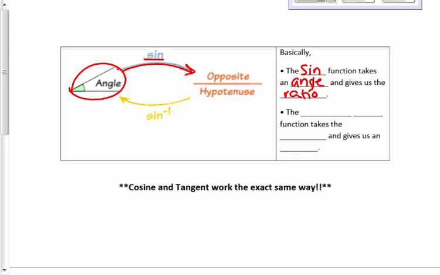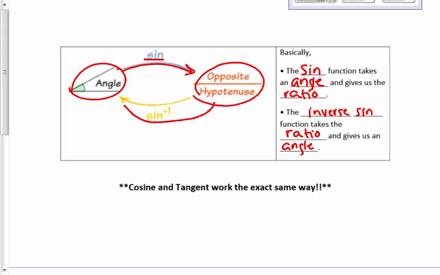We know sine is O over H. The inverse of sine takes the ratio and gives us an angle. So it's working backwards. We're taking the ratio, then we do the inverse to get the angle. Again, it works backwards, and this applies for cosine and tangent.